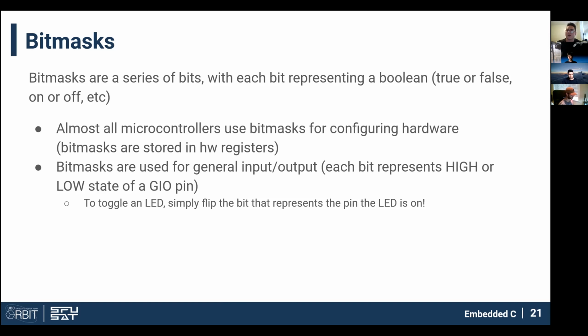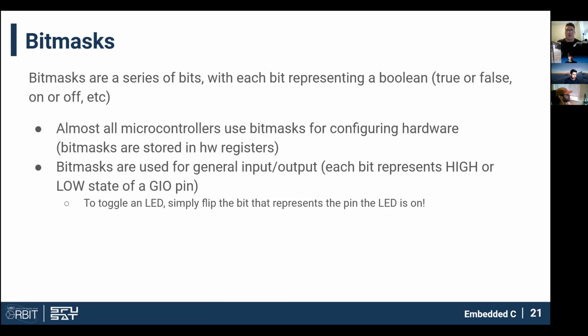Oftentimes we'll see this used for configuring microcontroller hardware, because it allows us to set a certain setting on or off, like enable open drain or disable open drain. This is how almost all the hardware on our microcontroller is configured.